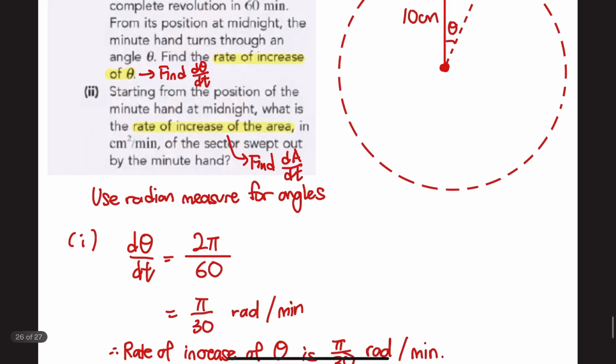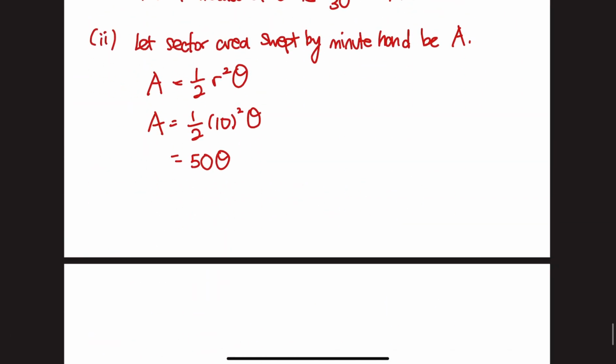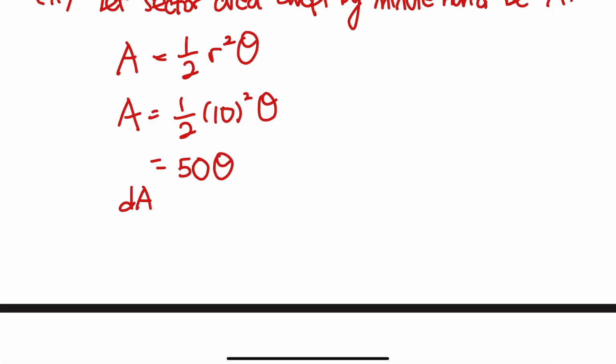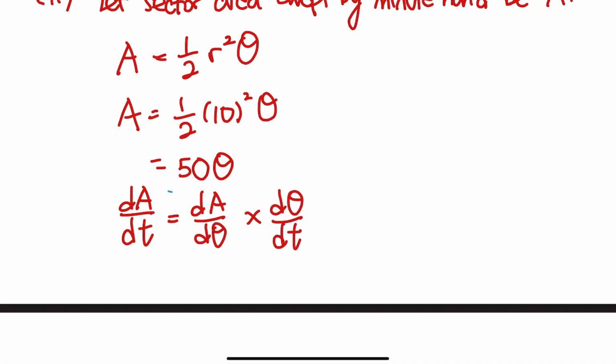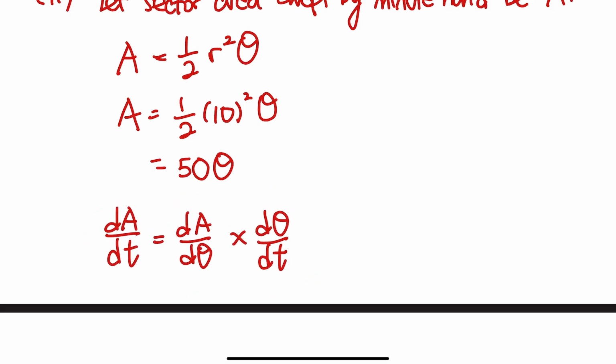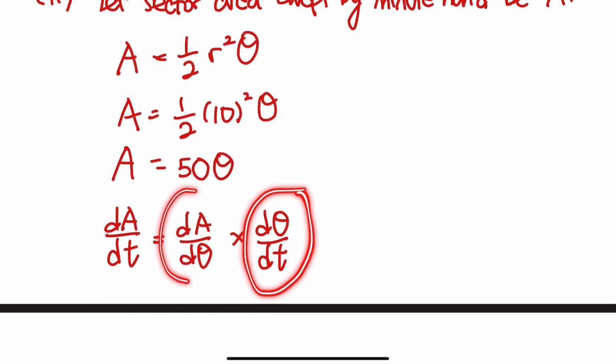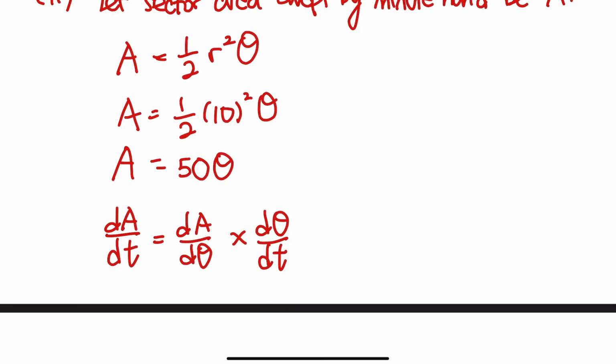So if I were to form my connected rate of change equation, I know that dA over dt is equal to dA over d theta times d theta over dt. I need to find these two pieces of information. This one is found in part 1. How do I find this? I look at this part here: A is given by 50 theta.